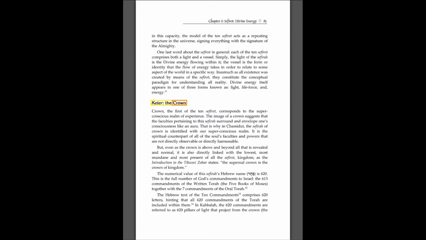Keter, the crown. The first of the 10 sephirot, corresponds to the superconscious realm of experience. The image of a crown suggests that the faculties pertaining to this sephirah surround and envelope one's consciousness like an aura. That is why in Chassidut, the sephirah of crown is identified with our superconscious realm.